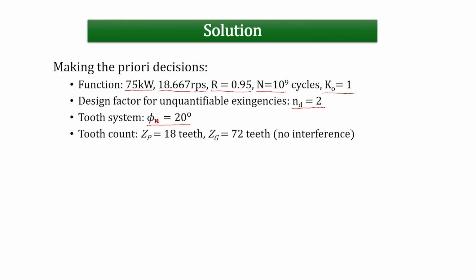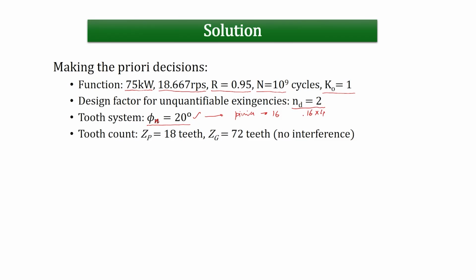Tooth count, the number of teeth based on this pressure angle which is interference free for the pinion, is 16, and as our velocity ratio or the gear ratio is 4, the number of teeth on the gear can be taken as 16 multiplied by 4.